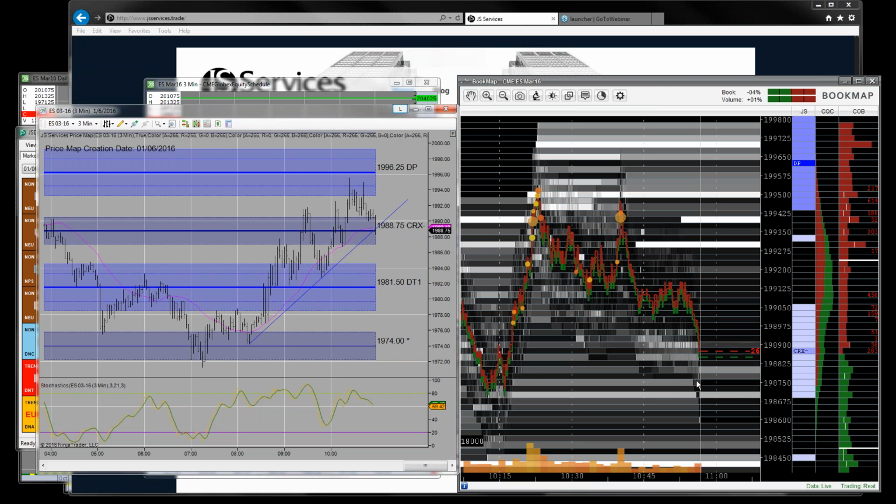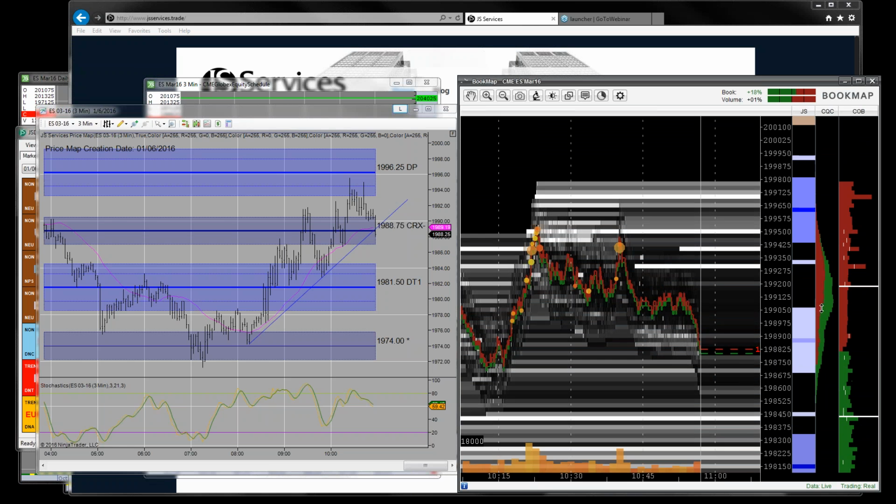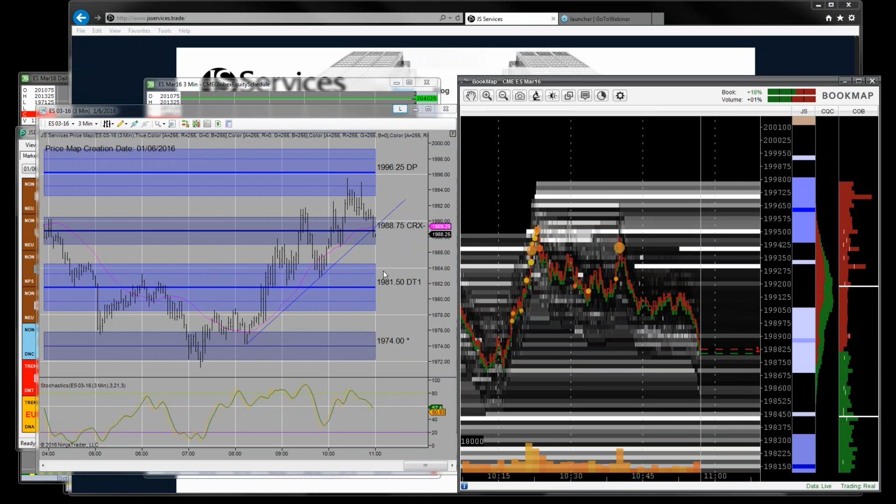I'm just looking for the shifts in the book, and even if we take out these lows here, I'm not necessarily thinking that this thing's just going to collapse. The book can help me see that as well, because I definitely see that the resting paper is down here. But if this happens, that is going to give me more confidence to sell into positive reactions.